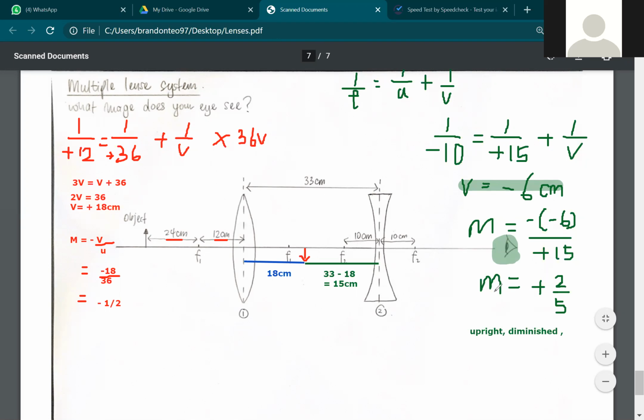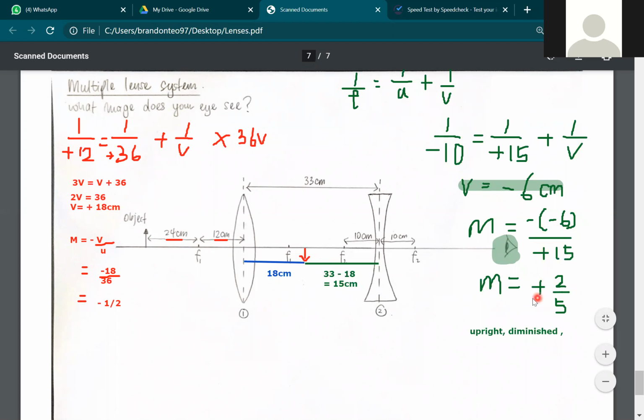One thing I want to remind you, this is very important, guys, please pay attention. Look at your m, you got a positive, right? Sometimes we get confused. If the magnification is positive, we think it is upright, but this magnification is based on the first image that you formed, and the first image is already upside down.